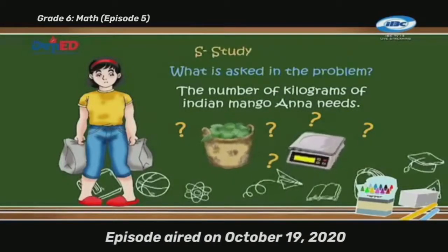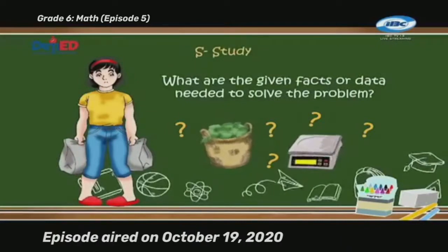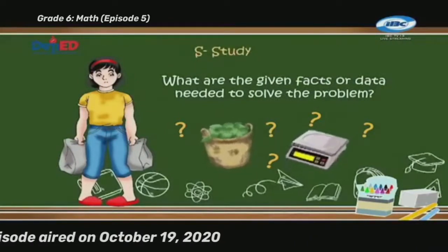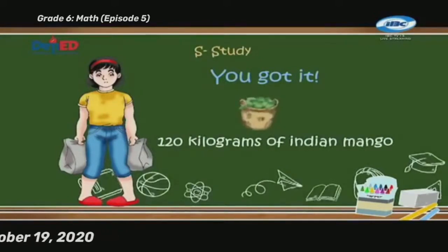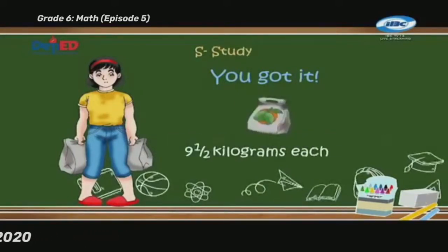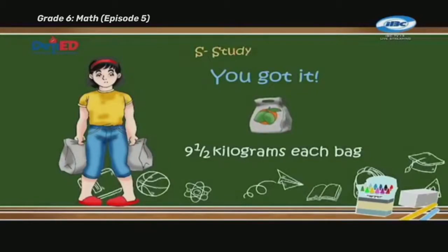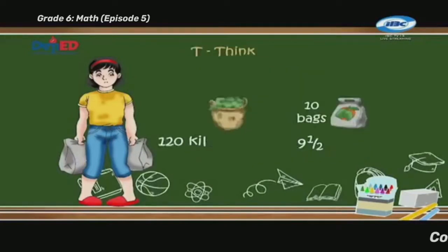Second, what are the given facts or data needed to solve the problem? You got it! 120 kilograms of Indian mango, 10 bags, 9.5 kilograms each bag. Step 2. After analyzing the problem, letter T stands for think of a plan.